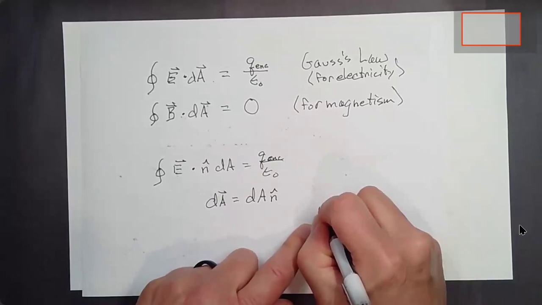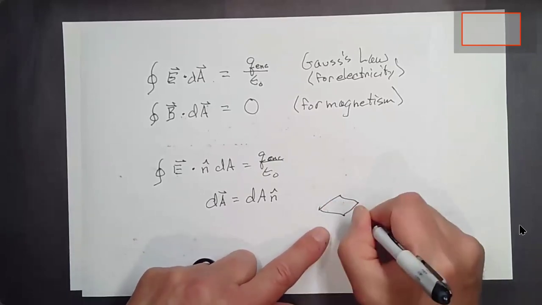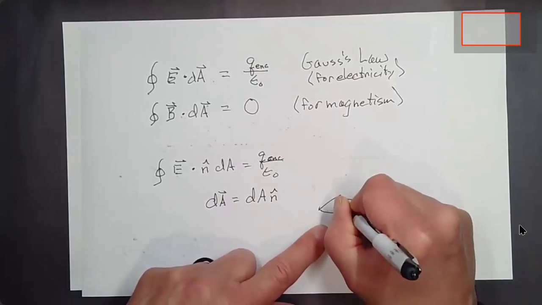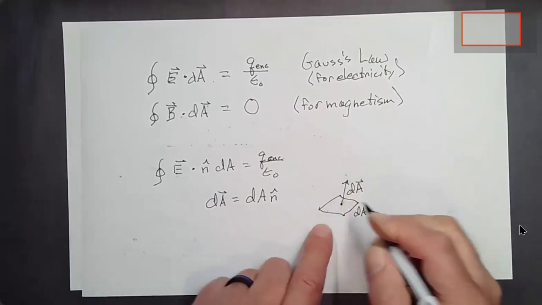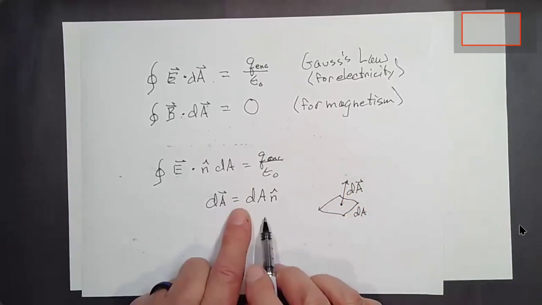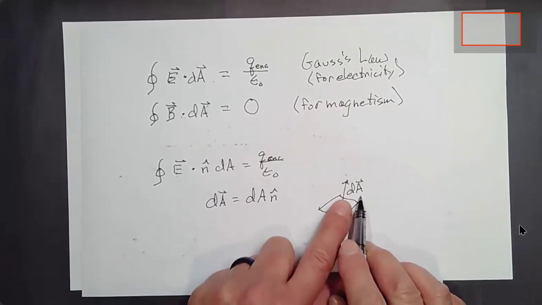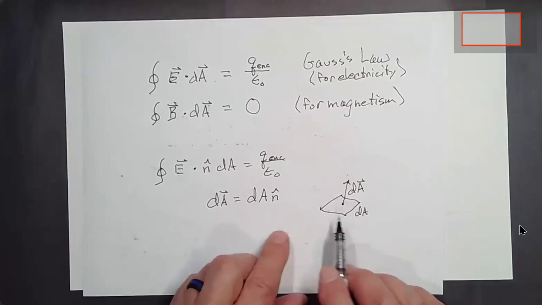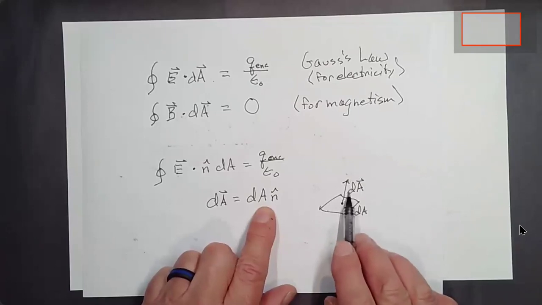So where you had this little area dA here, and we'd been talking about a dA vector looking like that, they just split it apart. The magnitude of the dA vector happens to be dA, the area here, and n hat is just a unit vector pointing in the same direction as dA.